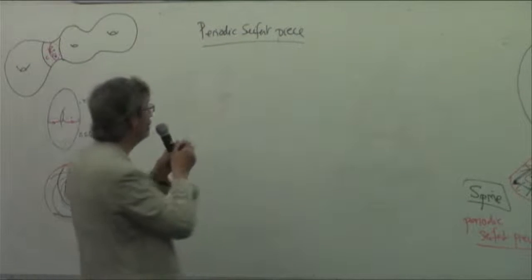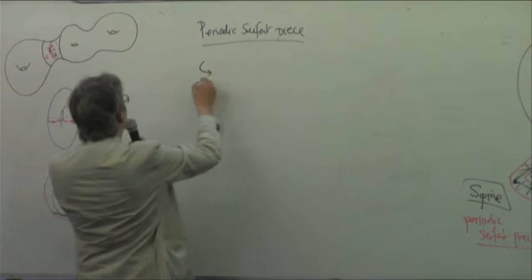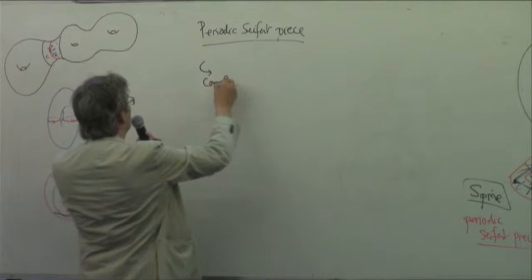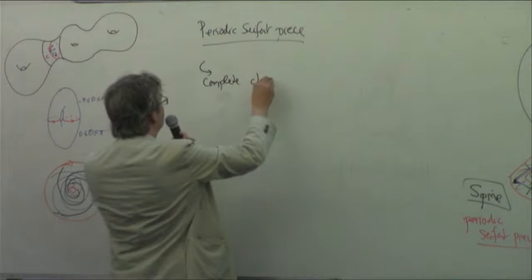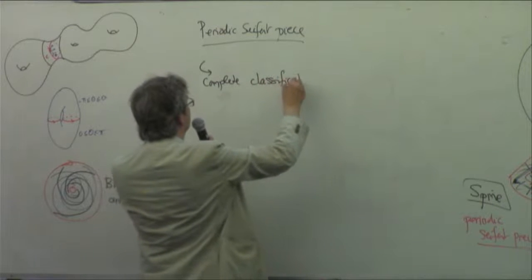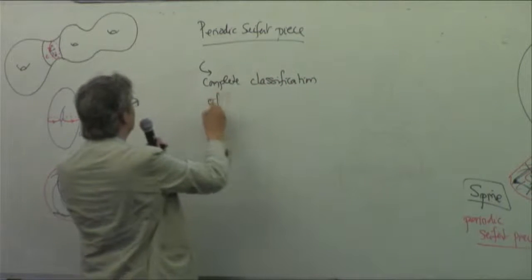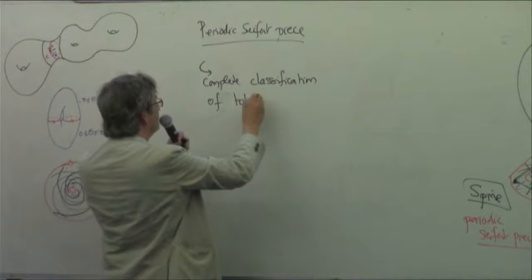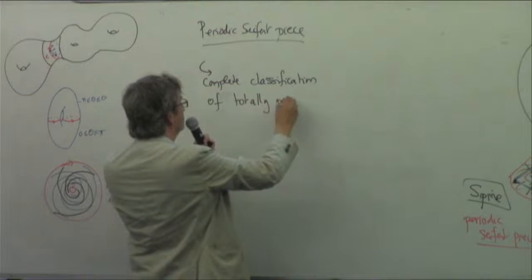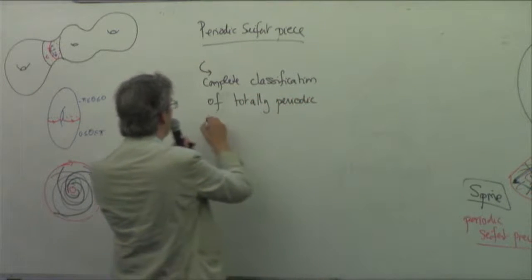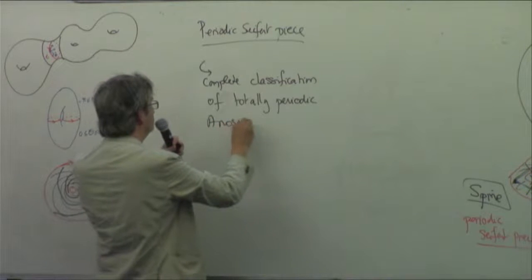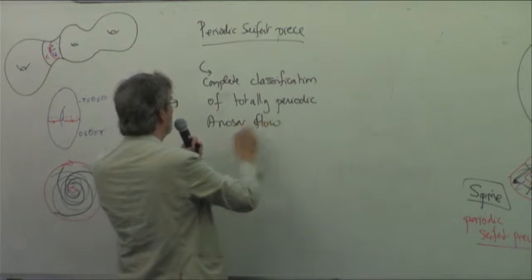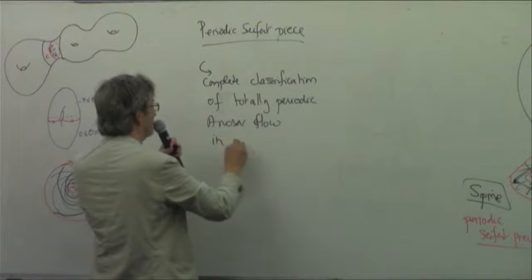So it attributes to a complete classification of totally periodic Anosov flow in graph manifolds.